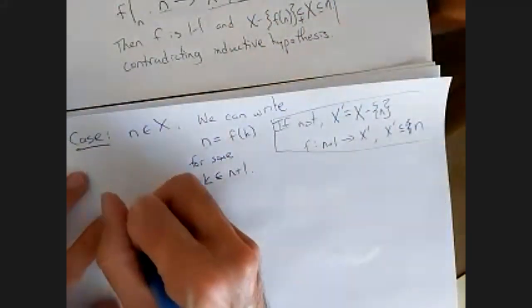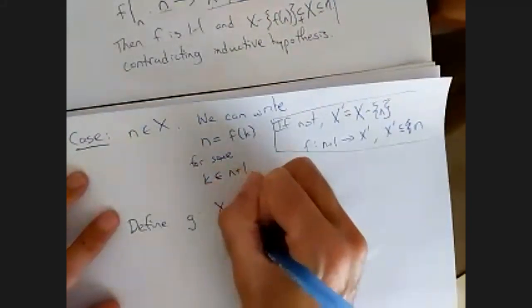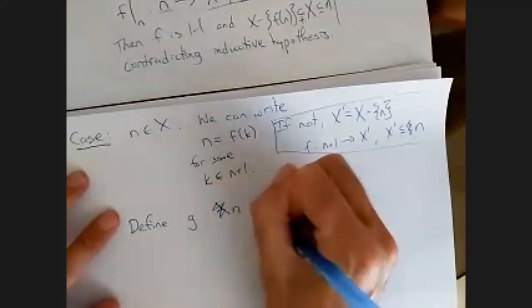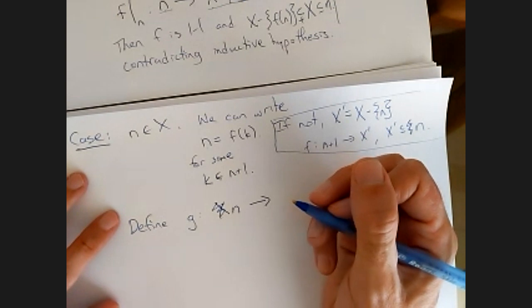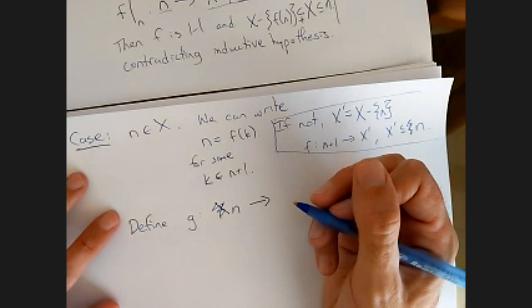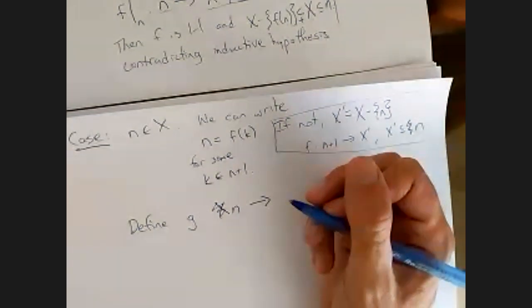So now we define g from n to what? So from n to something, let's see what.